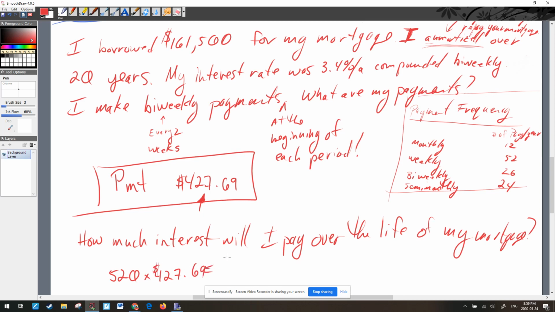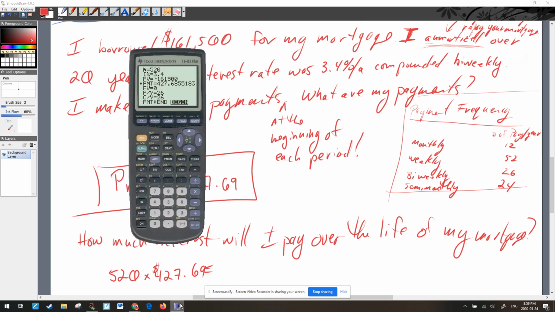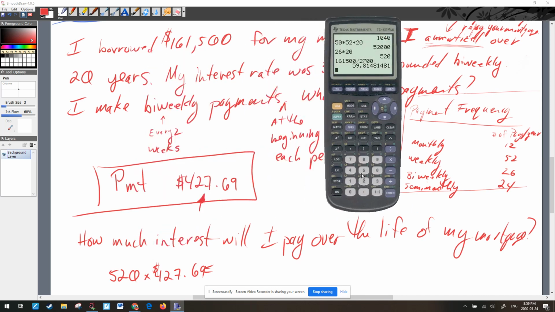And so that means the total amount of money that I pay back to the bank. So let's go over to my calculator here. Go out to the actual calculation. 520 payments of $427.69.